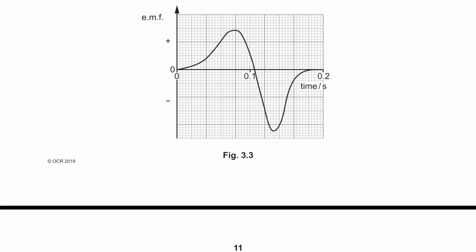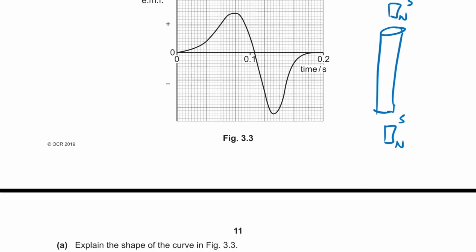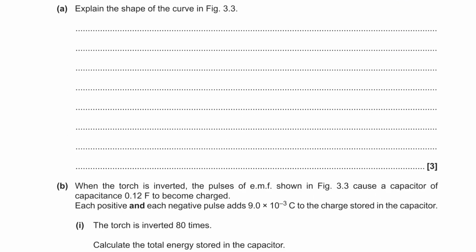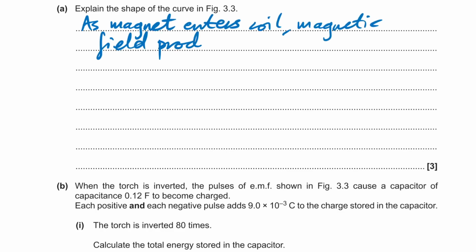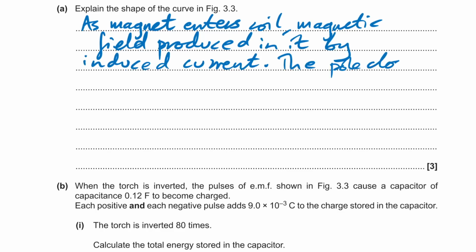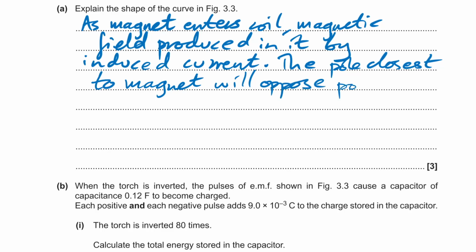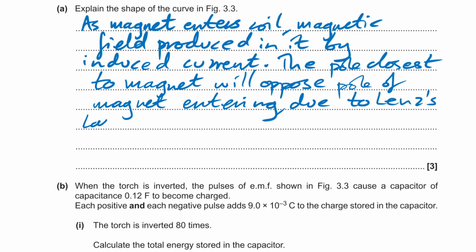Right, so we know that just like when we have a magnet falling through a tube or a coil, it induces a magnetic field in the tube or the coil, but then by the time that the magnet gets to the other side, it has to flip because of Lenz's law. So as the magnet enters the coil, the magnetic field produced in the coil by the induced current, the pole closest to the magnet, will oppose the pole of the magnet entering due to Lenz's law, because induced currents don't like being induced, so they try and stop being induced.